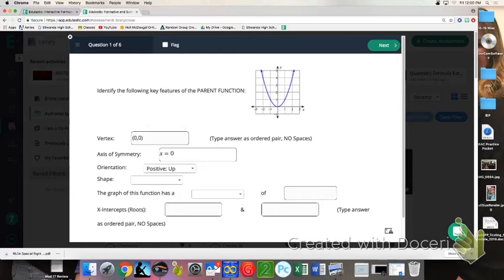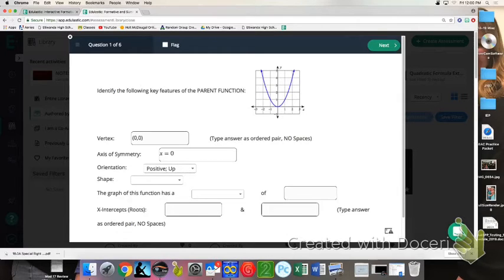And here's how I tell if it's compressed or not, or if it's skinnier or not. The parent function always has, if you look at your vertex, if you go up 1 and over 1, you're always going to find another point. So from my vertex, if I go up 1 and over 1 either direction, I'm always going to find another point.